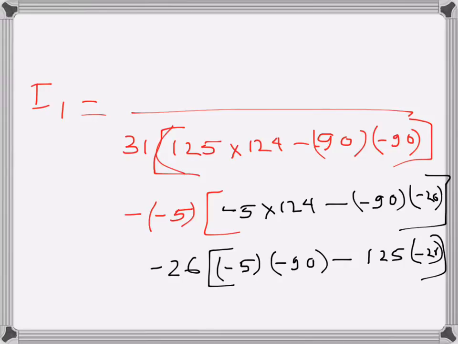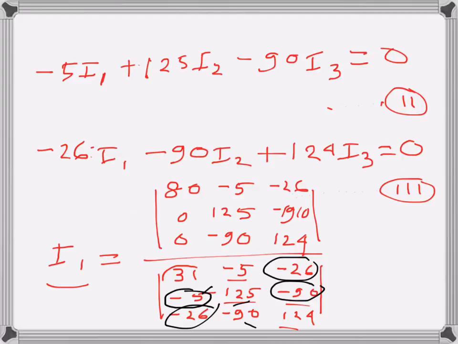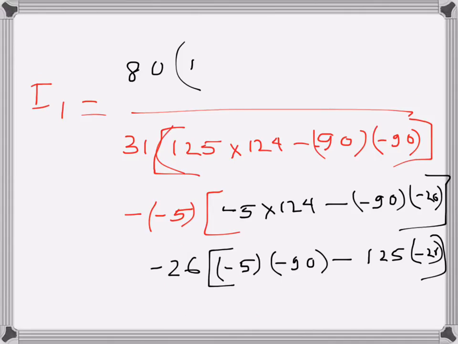This is in the denominator, and in the numerator it will be easier because we have some zeros. With the 80, these two will be multiplied and then subtracted, 125 times 124 minus 90 times 90; I'm just writing 90 like in the denominator.